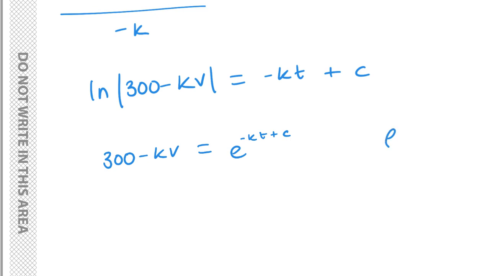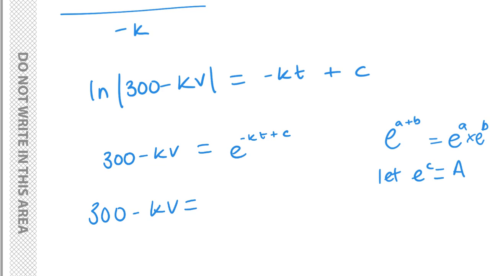Now, what do we know about e to the a plus b? It's the same as e to the a times e to the b. Okay, so we're going to let e to the c. Now, in the question, did they tell us a? Yeah, let e to the c equal a. So then we can literally say 300 minus kV equals a e to the minus kt.